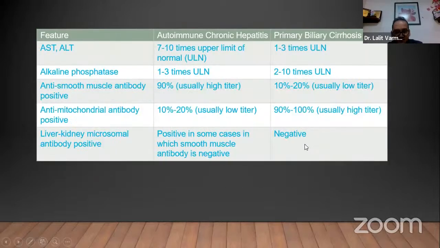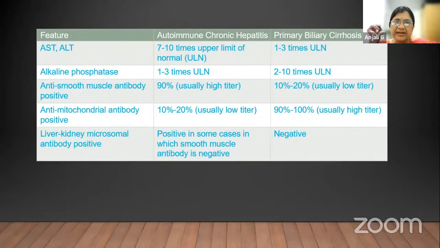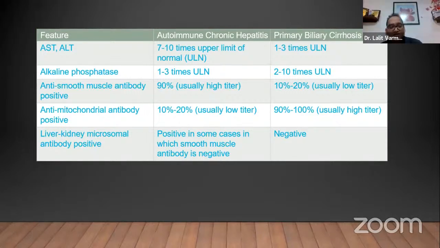Any questions here? Yeah, Lalit, are both primary biliary cirrhosis and autoimmune chronic hepatitis autoimmune hepatitis? Yes, ma'am. One will have anti-smooth muscle antibody positive, and if it is a pediatric population, they will have anti-LKM positive, which is autoimmune liver disease.